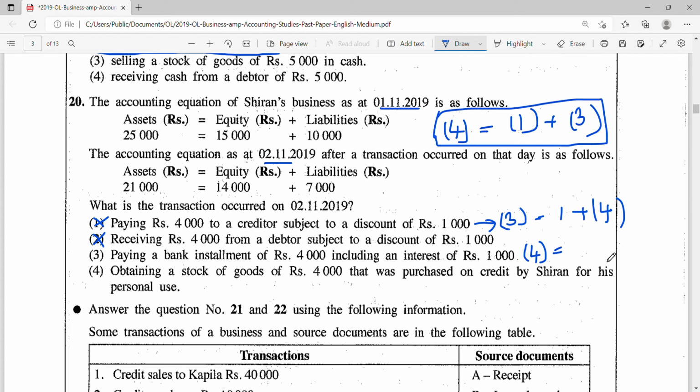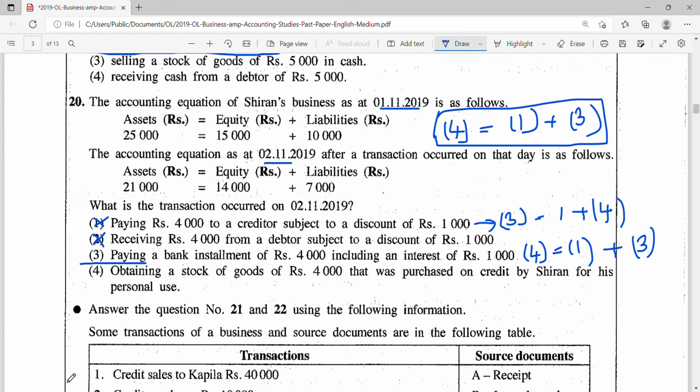So on your liability side, the capital amount will reduce by 3,000. The 1,000 rupees, which is interest, is an expense to the business. So equity will reduce by 1,000. So as you can see, this impact is exactly the impact that we are searching for. So the correct answer is answer 3. Let's see the fourth one as well, just for better clarity.